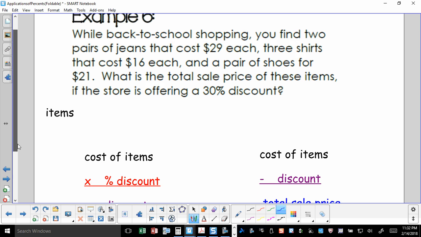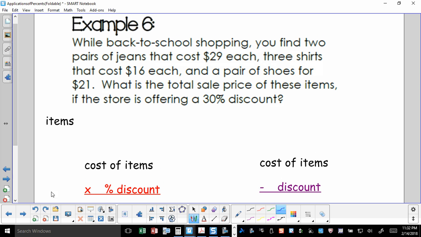Number 6. While going back to school shopping, you find 2 pairs of jeans that cost $29 each, 3 shirts that cost $16 each, and a pair of shoes for $21. What is the total sale price of these items if the store is offering a 30% discount? So we've got 2 pairs of jeans that cost $29, 3 shirts that cost $16 each, and just a pair of shoes that's $21.